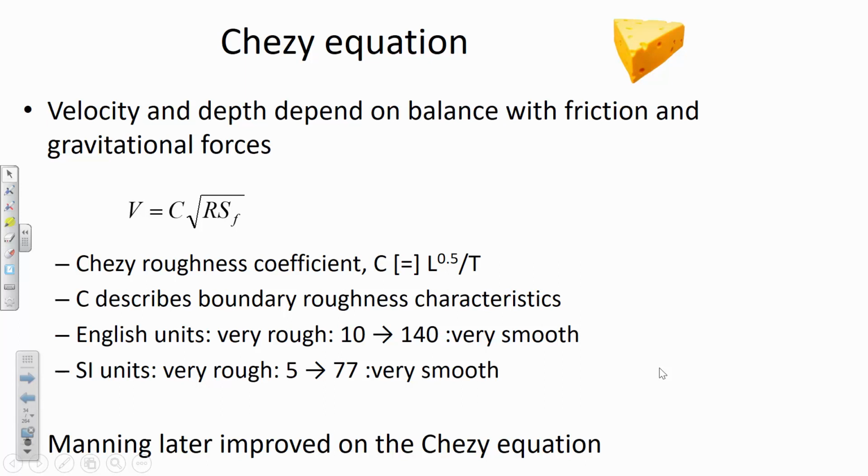But back before it was convenient to do the challenging calculations required to get an f value, and before they'd characterized a lot of pipes to find out the information that goes into the Darcy-Weisbach equation, one of the first empirical flow resistance equations was the Chezy equation. The Chezy equation says that there's a relationship between the hydraulic parameters that go into the hydraulic radius and the slope of the energy grade line with what the flow velocity is going to be in a channel or in an enclosed pipe as well. The Chezy equation can be used in either.